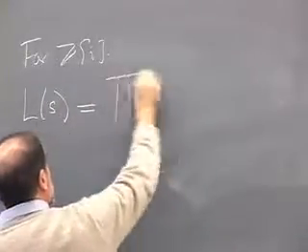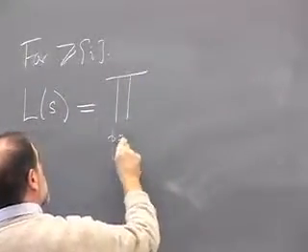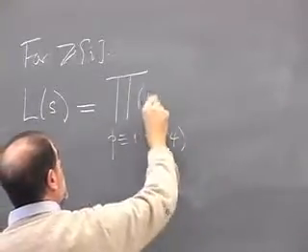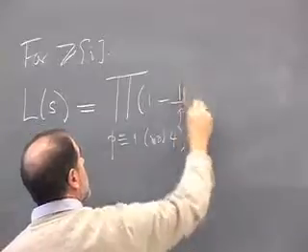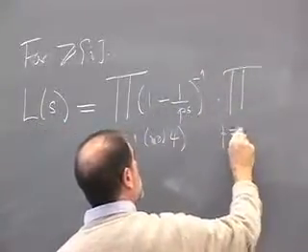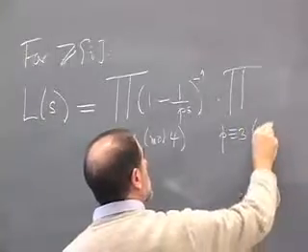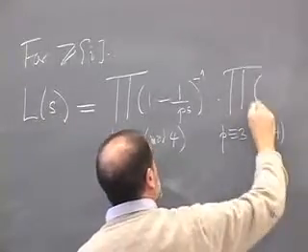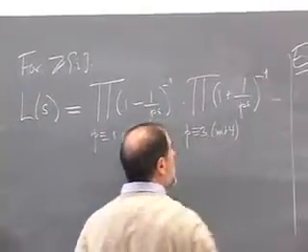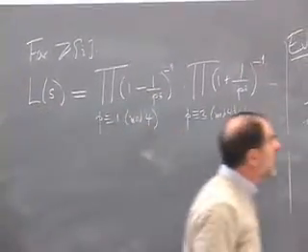The product over p congruent to 1 mod 4, those are the things with 2 factors, of 1 minus 1 over p to the s, inverse. And then the product over p congruent to 3 mod 4 of 1 plus 1 over p to the s, inverse. And then you don't get anything for p equal 2 because there the term cancels exactly.